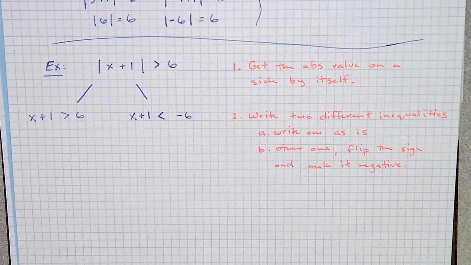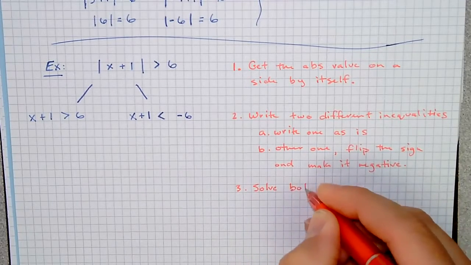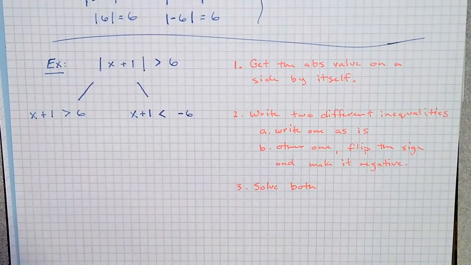Again, one we're writing as is, just removing the absolute value symbol, and the second one, flip the sign and make it negative. And then you're going to solve both inequalities.